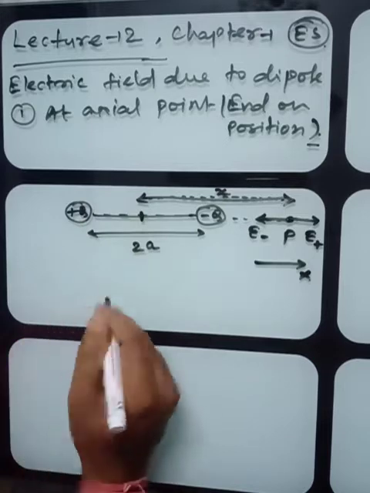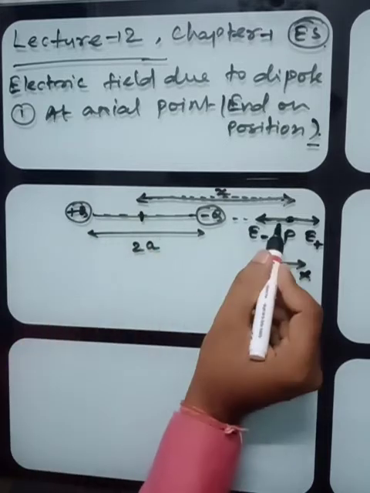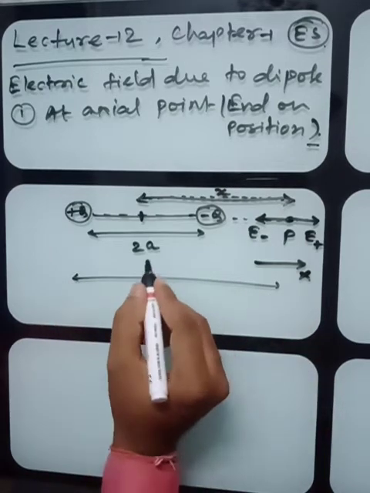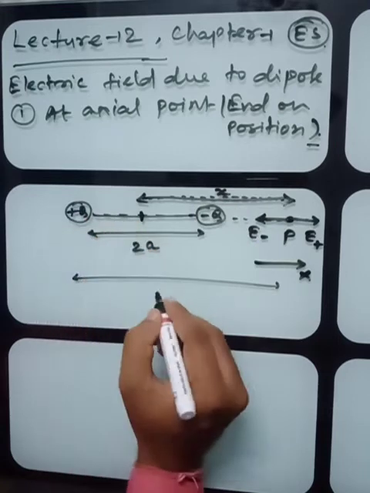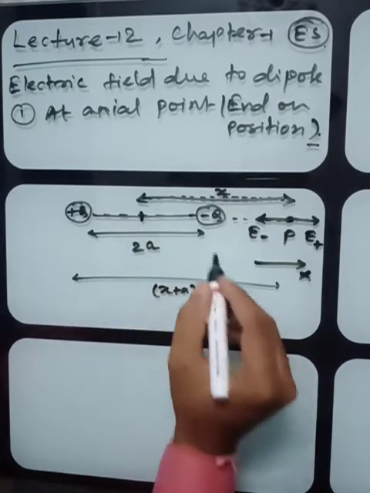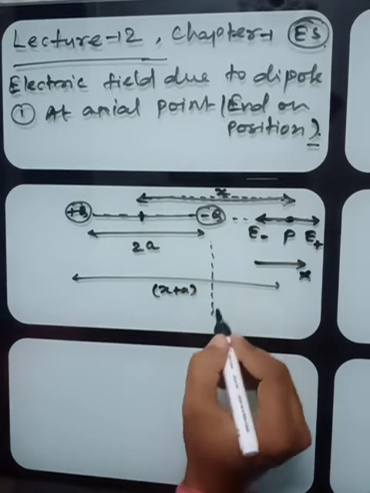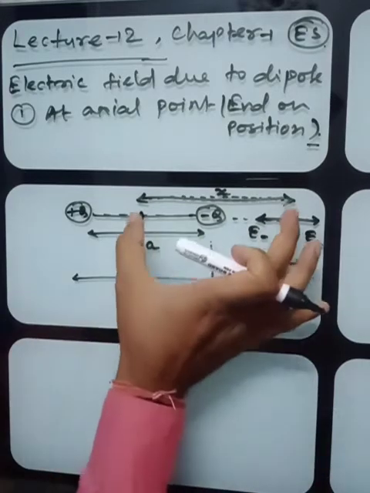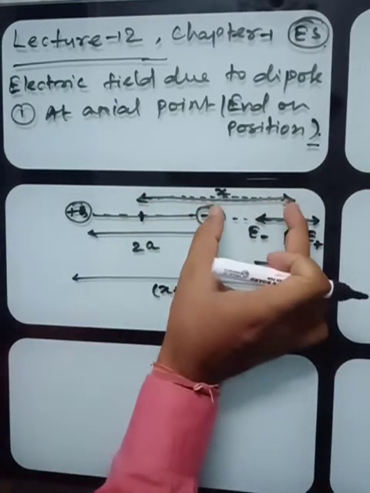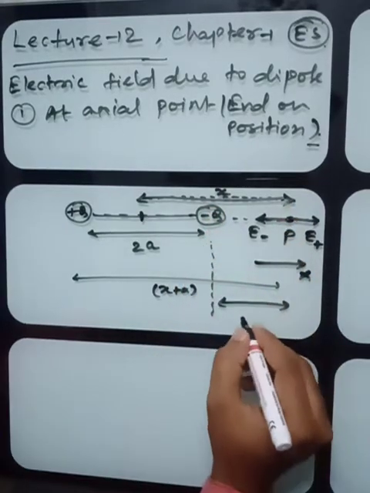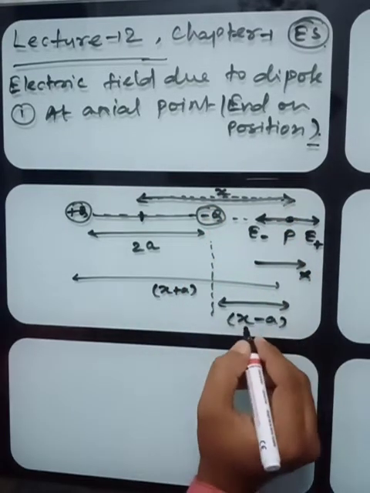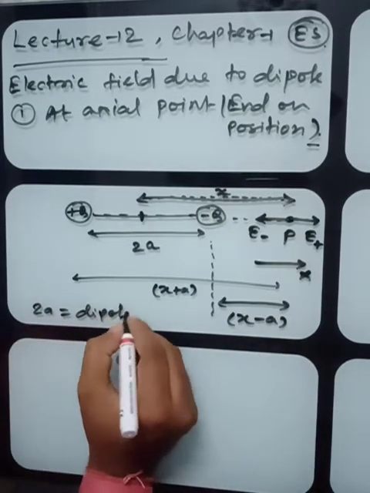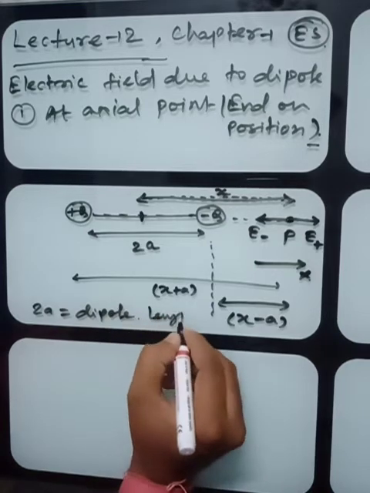So the total distance for the positive charge from the observation point is x plus a. For the negative charge, the separation from the observation point is x minus a. Remember, this 2a is the dipole length.